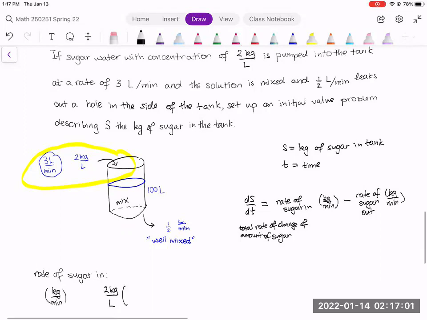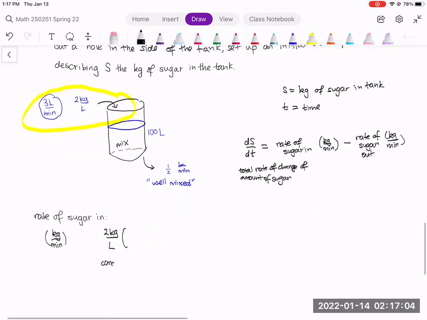So this is the concentration times the rate that liquid is entering, which was 3 liters per minute.